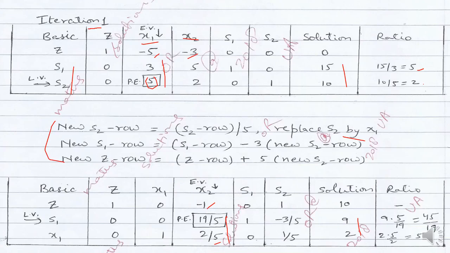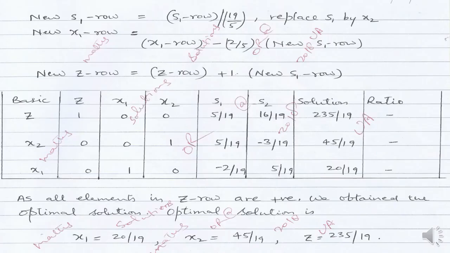So we got 45/19 and 5. The minimum is 45/19, and we got s1 as the leaving variable, and 19/5 is our pivot element. So we divide the s1 row by 19/5, and with this new s1 row, x2 will enter and s1 will leave. In the next table we will write x2 here, and with this new row we will change our z row and x1 row by the following formulas.